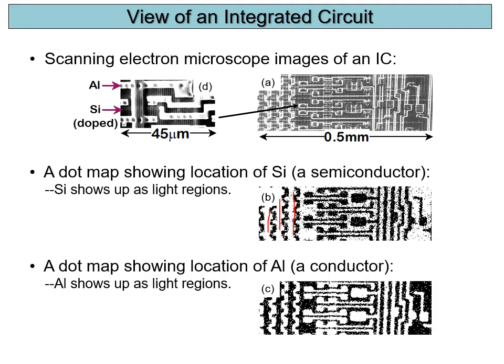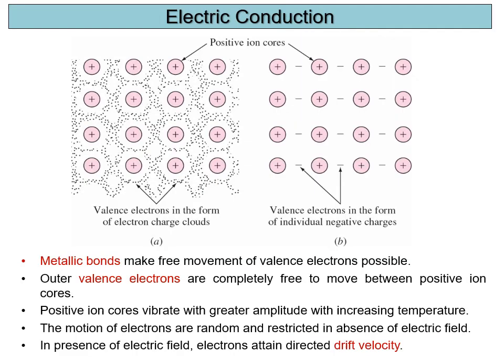Then a dot map showing the location of aluminum, a conductor. Aluminum shows as light regions. In this figure, the light region is aluminum. So we can see that there are two types of electrical properties in an IC. The first one is semiconductor, the second one is conductor. A combination of silicon and aluminum.